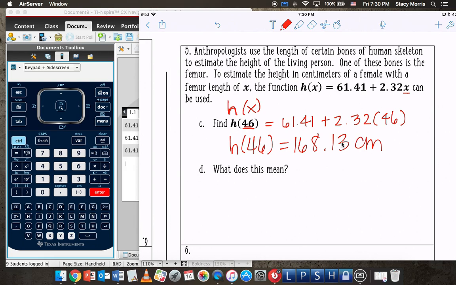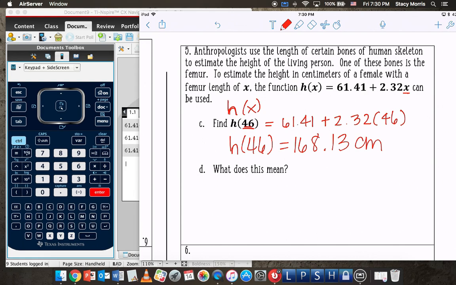That means if a female's femur is 46 centimeters, which is really hard in my mind to estimate, but maybe you're better at that, then she is 168 and 13/100 centimeters tall. Maybe it would have been better to put this in inches so we could at least figure out how tall that really is, but that's what that means.